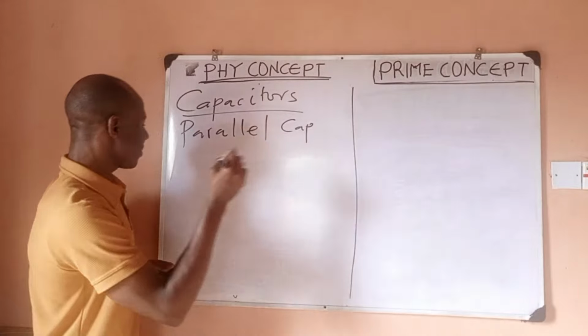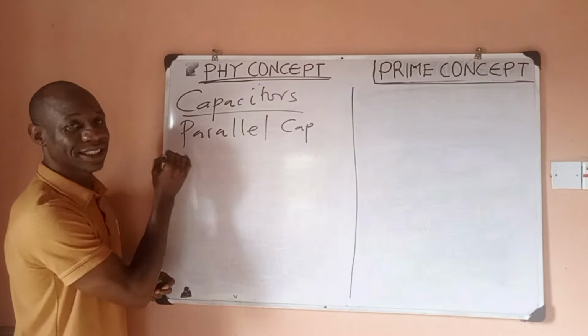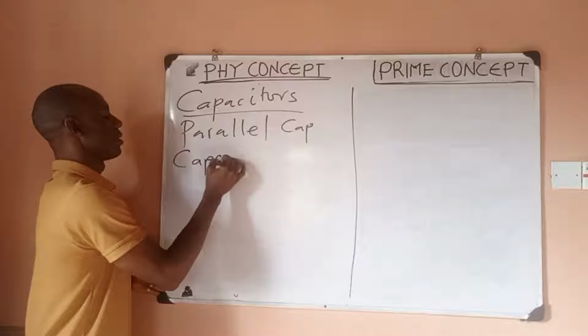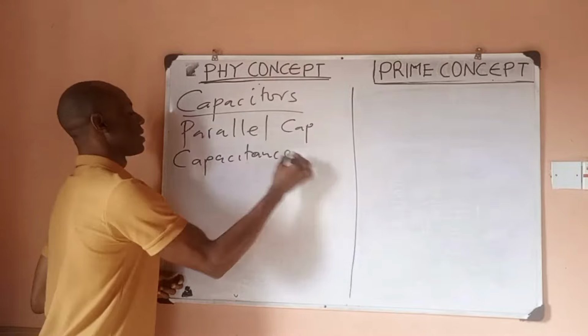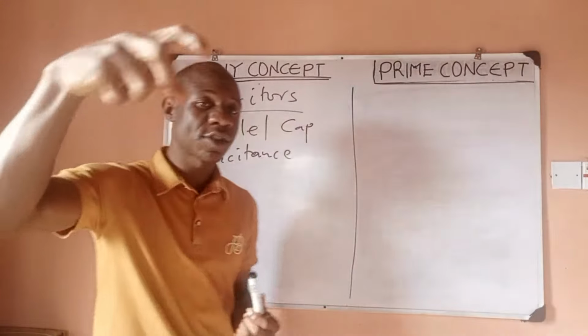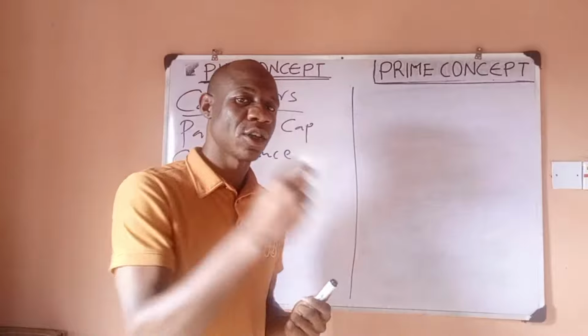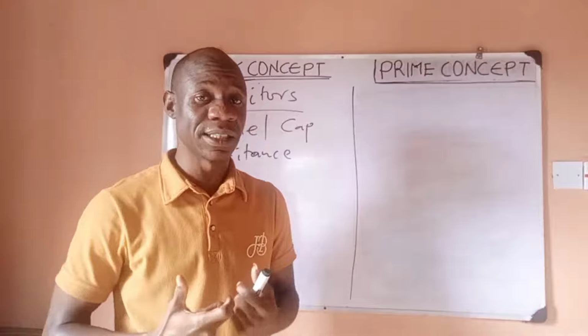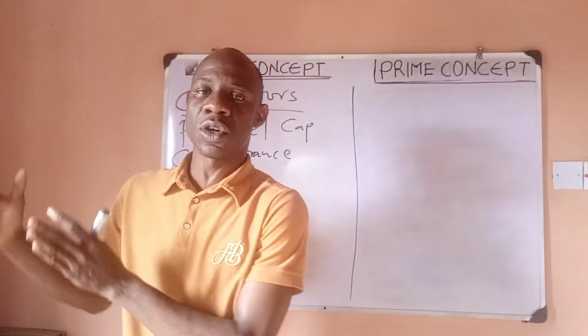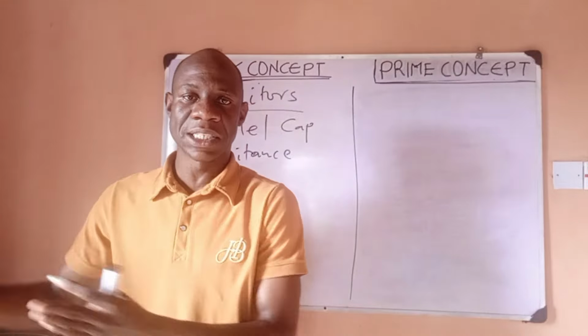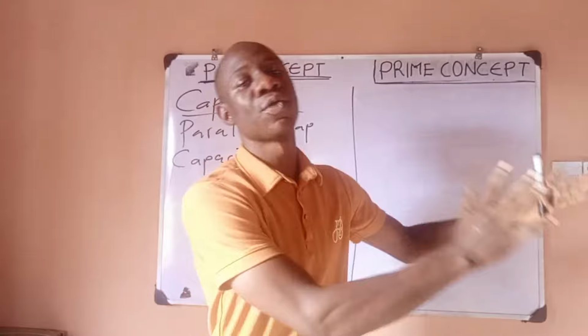Then we have what we know as the capacitance of a capacitor. Since a capacitor stores charge, different capacitors should have different capacities. This one may be able to store 2 coulombs of charge, and this one may be able to store 5 coulombs of charge.